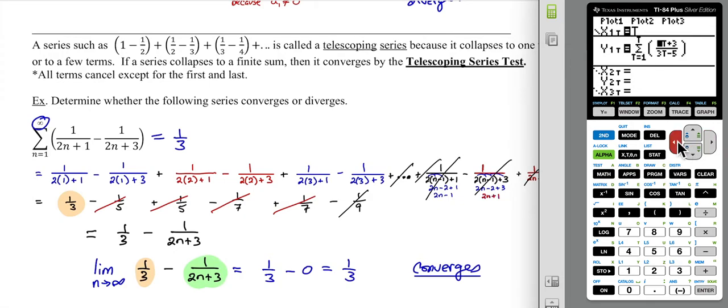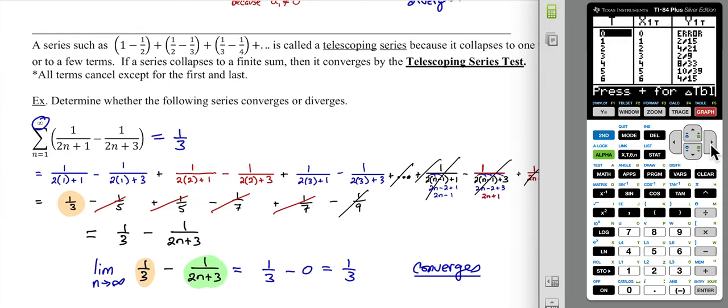So 1 over 2n plus 1, so 2t plus 1 is what I'm going to write, minus another fraction, alpha y equals 1 over 2t plus 3. And you go into your table and see where it's going in terms of the y.